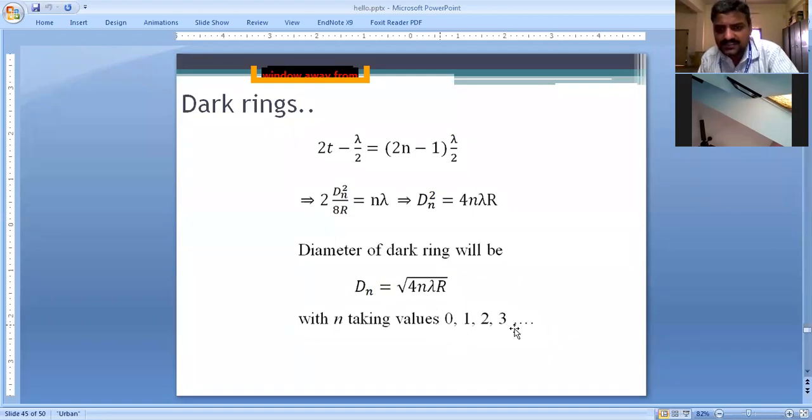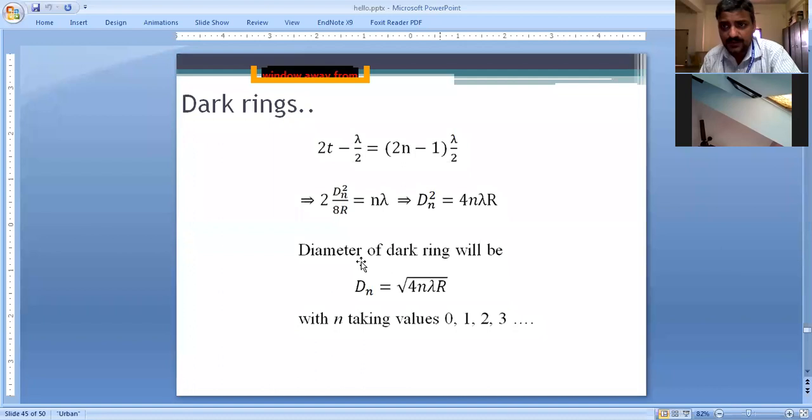Now coming to the next slide, and one more thing I want to mention here. Generally, in any experiment, in any real calculation, we depend only on the dark rings, but not on the bright rings. If you come to the lab, we'll do the experiment only with dark rings. The reason is, it is very easy to identify the boundary of a dark fringe, whereas it is not possible to find out the brightest point of a bright ring.